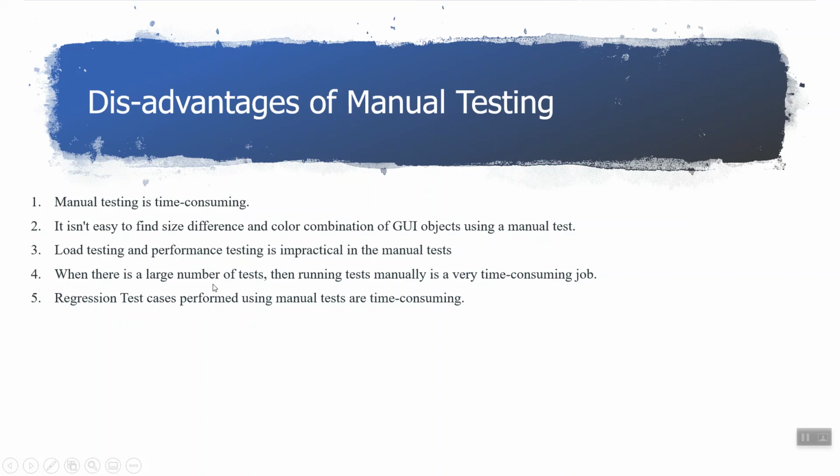When there is a large number of tests, running tests manually is a very time consuming job. Also, regression test cases performed using manual testing are time consuming. We have to run the regression test every time a new build comes for testing. So it is time consuming. These are some of the disadvantages of manual testing.